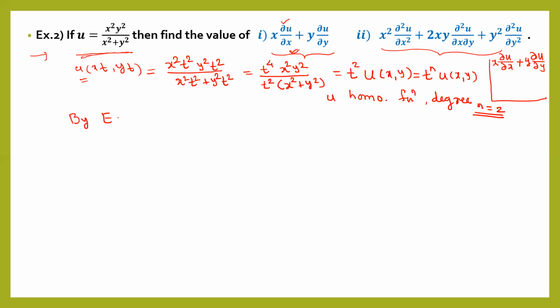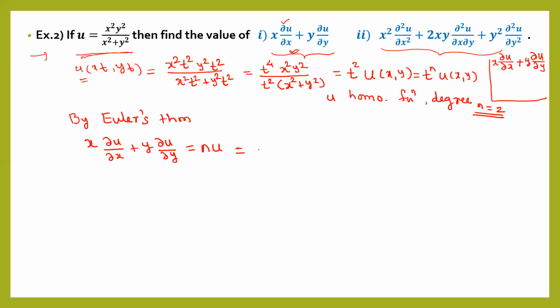So by Euler's theorem, the value of x ∂u/∂x plus y ∂u/∂y is n into u. Right? N into the function itself.